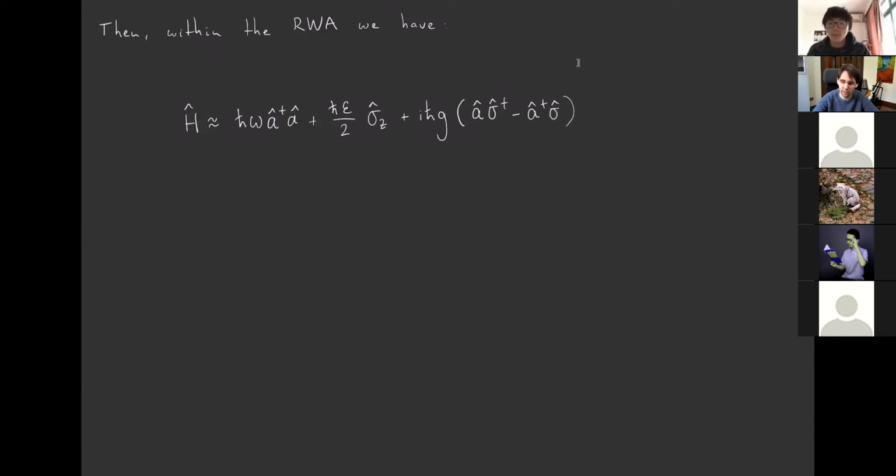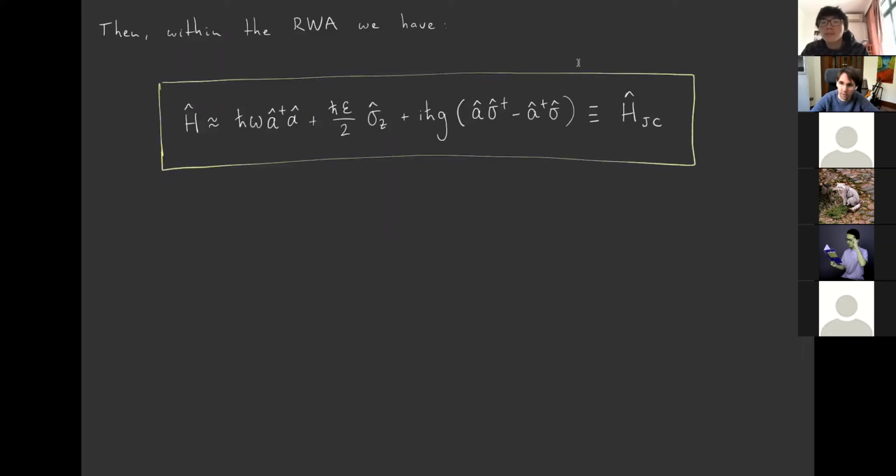And this Hamiltonian here has a very special name. This Hamiltonian is called the Jaynes-Cummings Hamiltonian, the JC model. And let me write down the name. So this is the Jaynes-Cummings Hamiltonian.